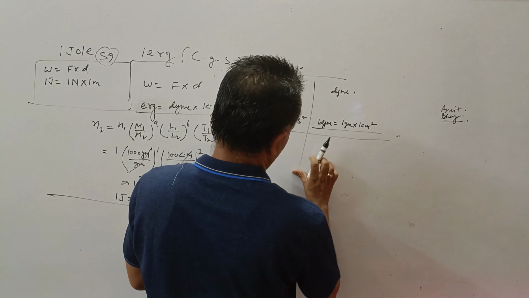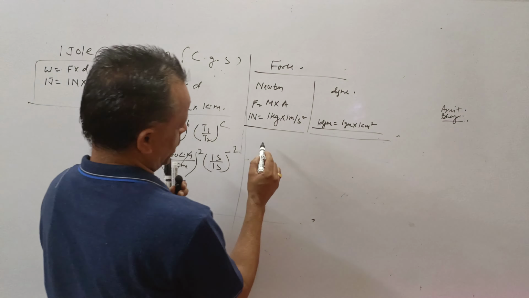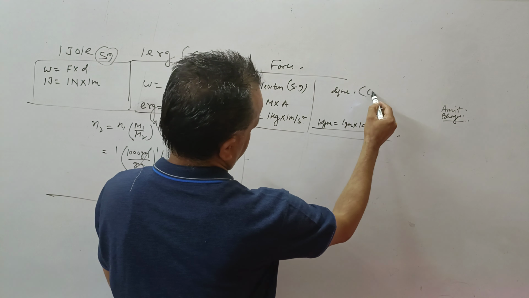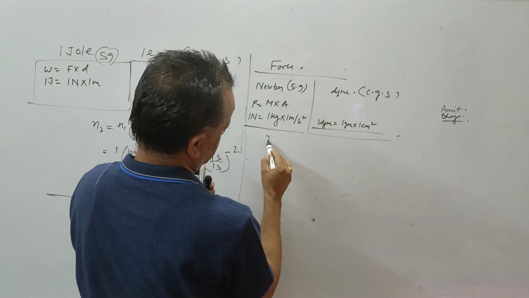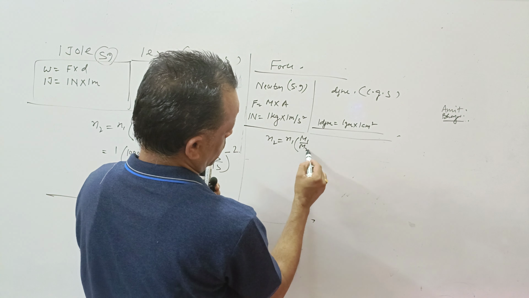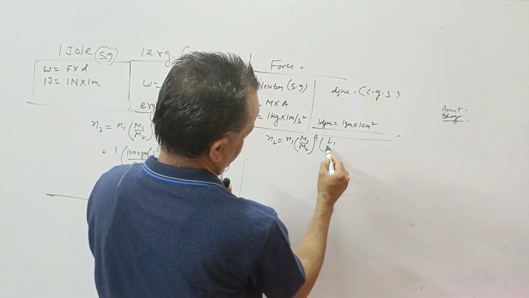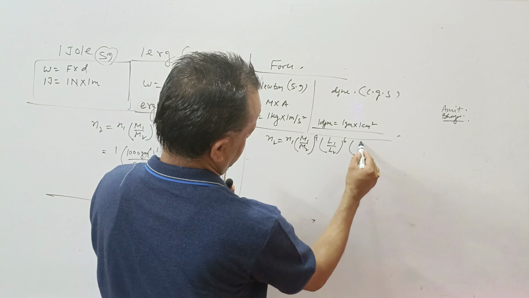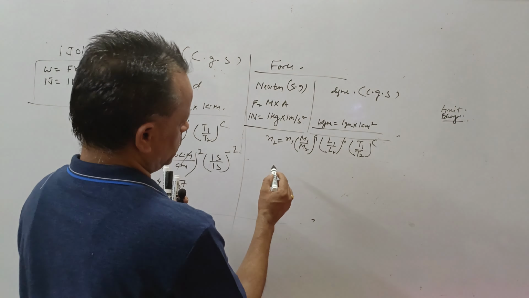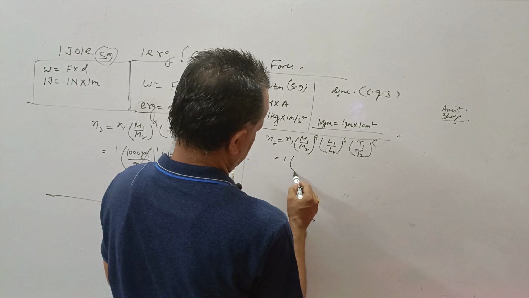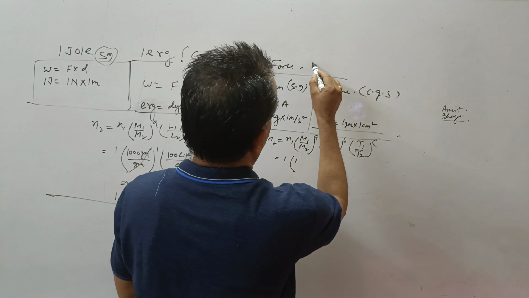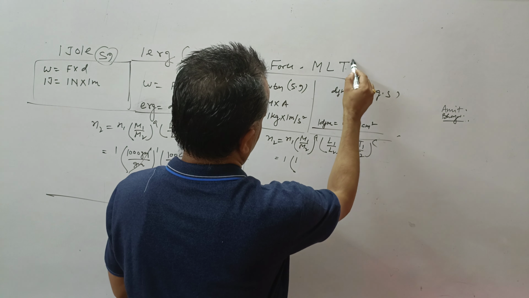Now we want to correlate these quantities. Again, this is in SI unit, this is CGS unit. So what we do? Formula is n2 is equal to n1, (M1 upon M2) to the power a, (L1 upon L2) to the power b, (T1 upon T2) to the power c. Suppose this is 1 newton, mass is 1 kilogram, and force has dimension mass into acceleration.